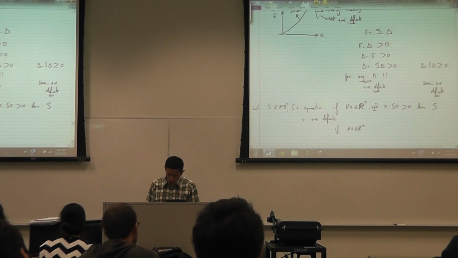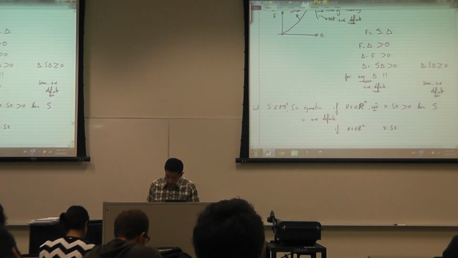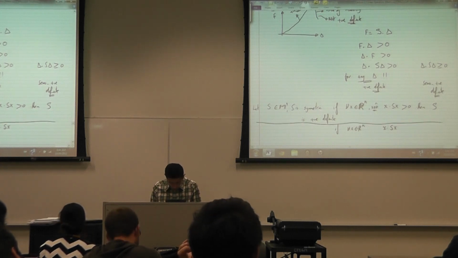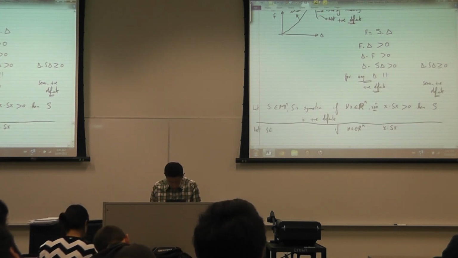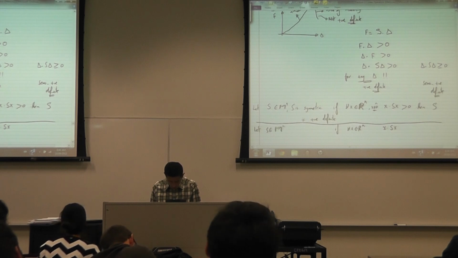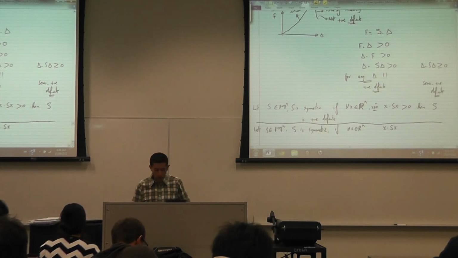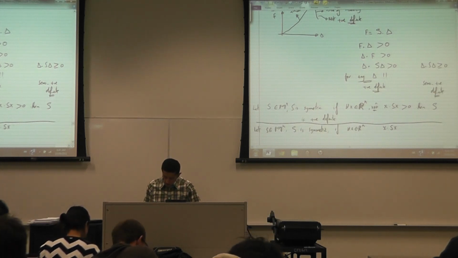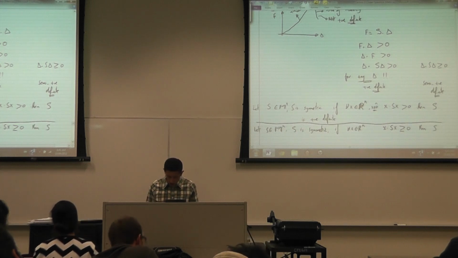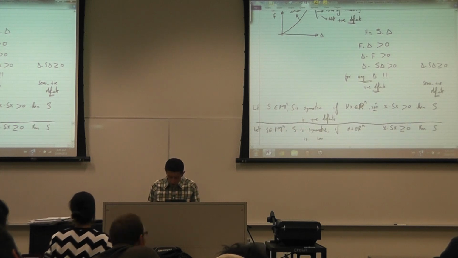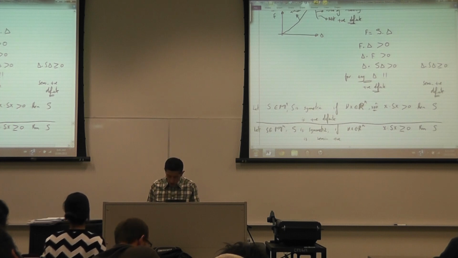And if I have a symmetric matrix, and if for every x in Rn, x dot Sx is greater than or equal to 0, then S is semi-positive definite.